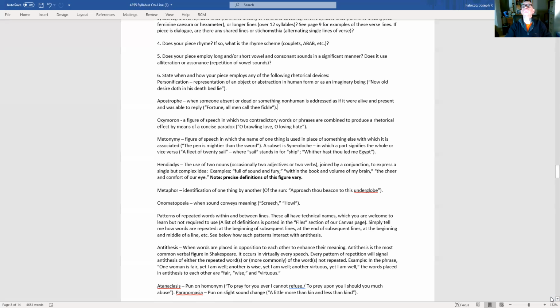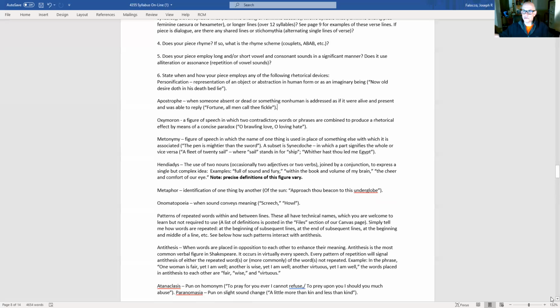Here is the broadest definition I can find for Hendiadys. The use of two nouns, usually two nouns, occasionally two adjectives or two verbs, joined by a conjunction, usually "and," sometimes "or," to express a single but complex idea.